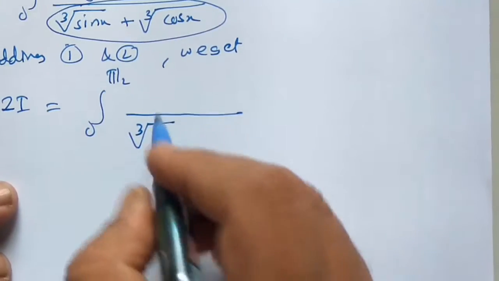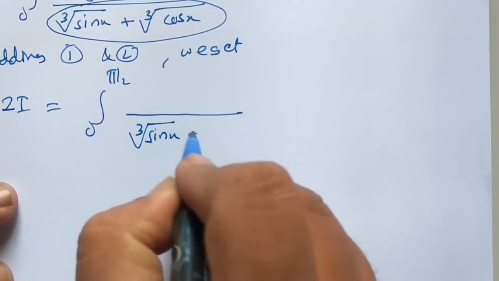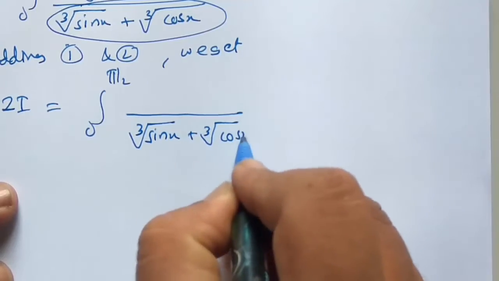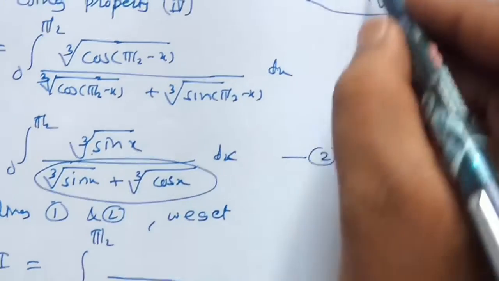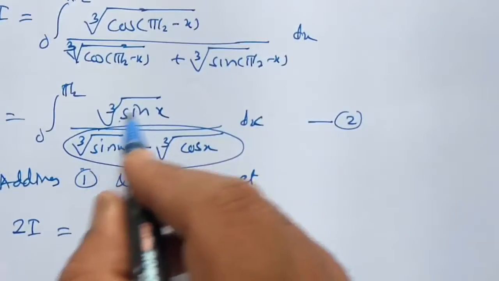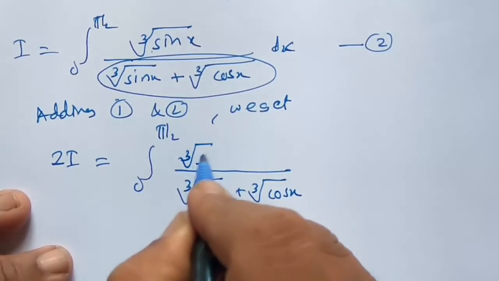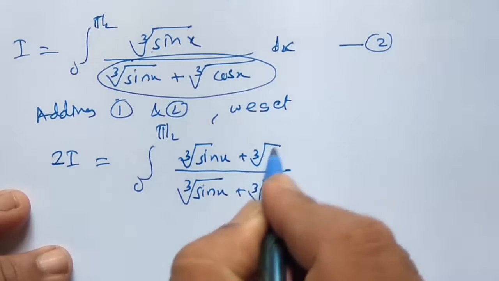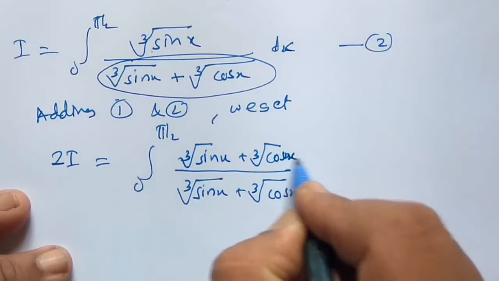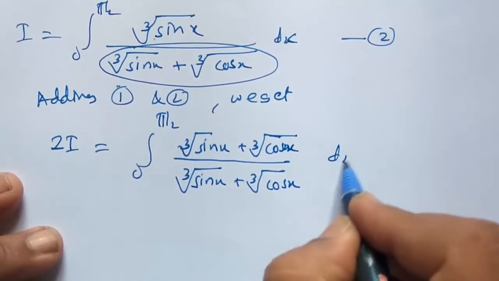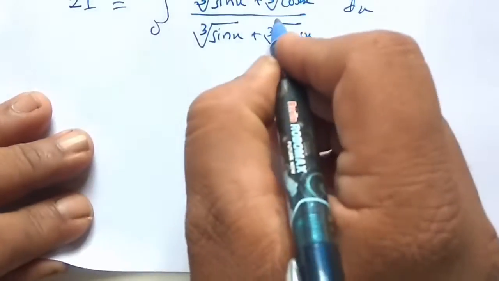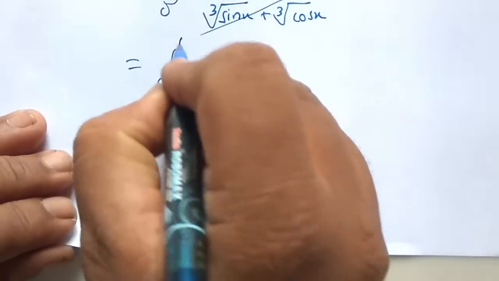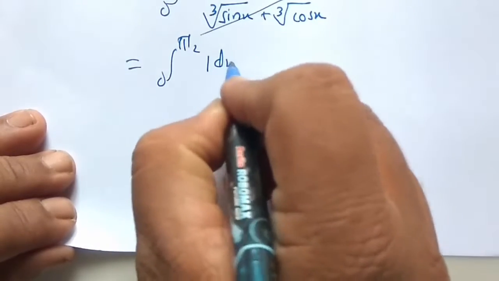The denominator is cube root of sin x plus cube root of cos x, and the numerator is cube root of cos x plus cube root of sin x, dx. Being numerator and denominator the same, they cancel each other. So the value is 1. So this is equal to the integral from 0 to pi by 2 of 1 dx.